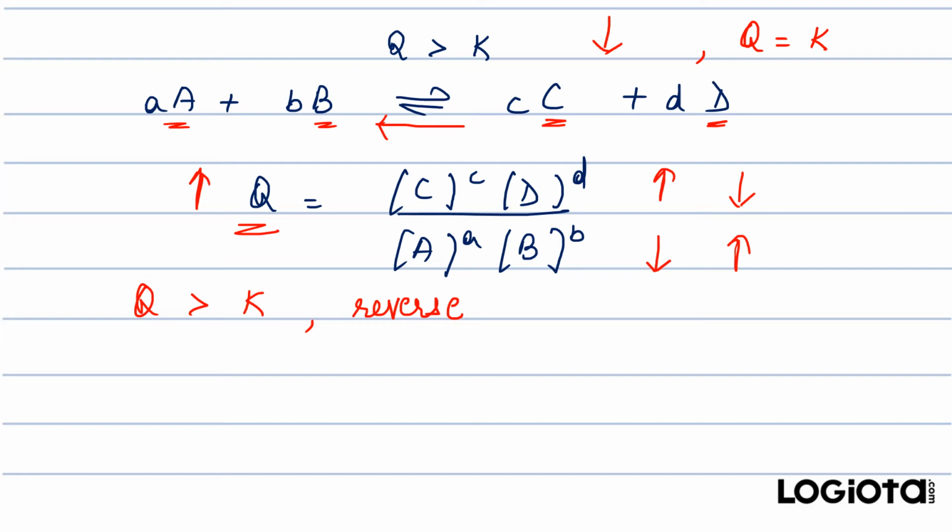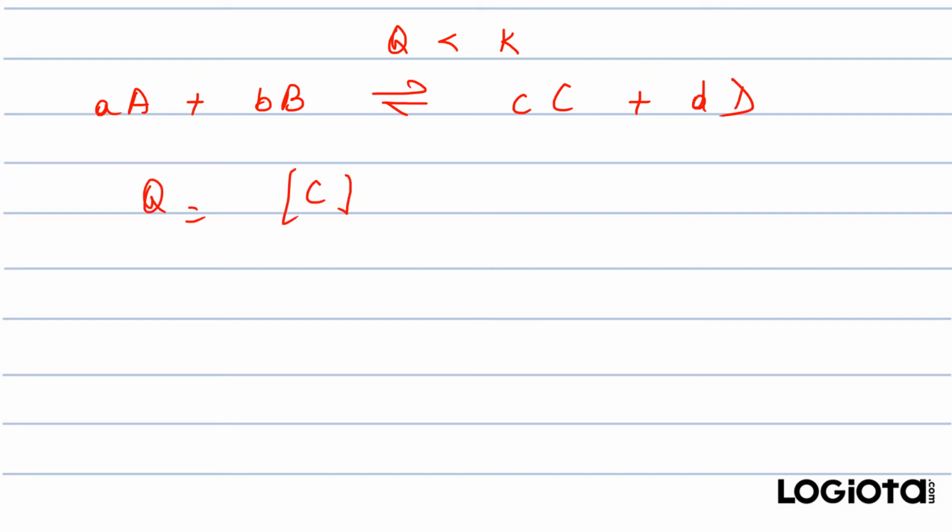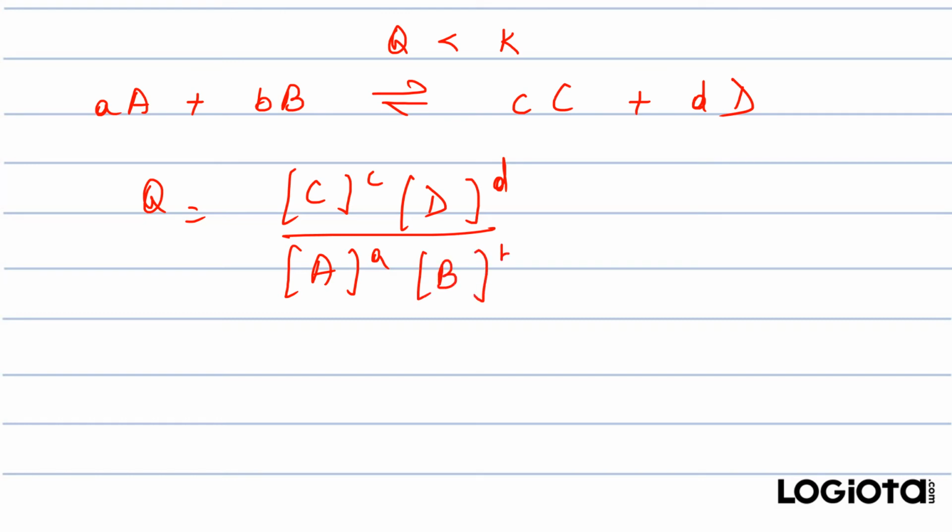Now let's see the second case, when Q is smaller than K. I am writing the same equation, A plus B is in equilibrium with C plus D, and the value of Q is [C]^c [D]^d upon [A]^a and [B]^b.